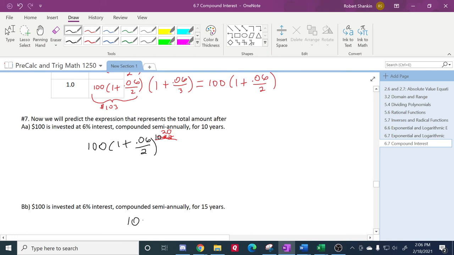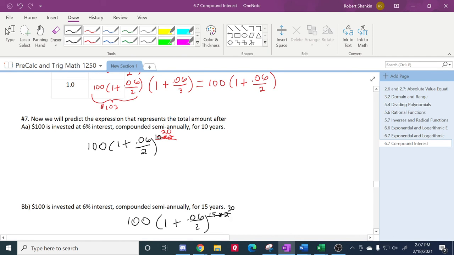All right, this one turns out to be $100 times 1 plus 0.06 divided by 2 to the 15 times 2 each year. And so that's going to turn out to be 30.